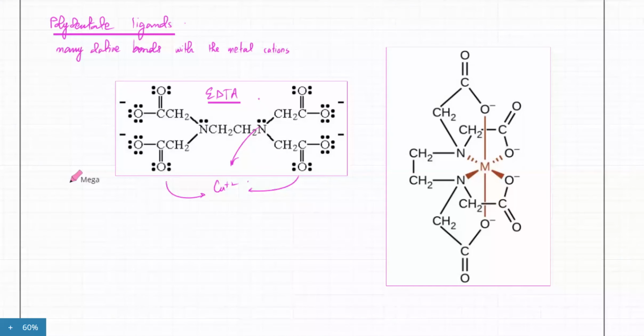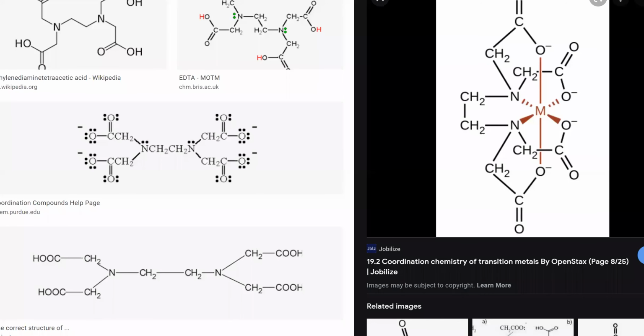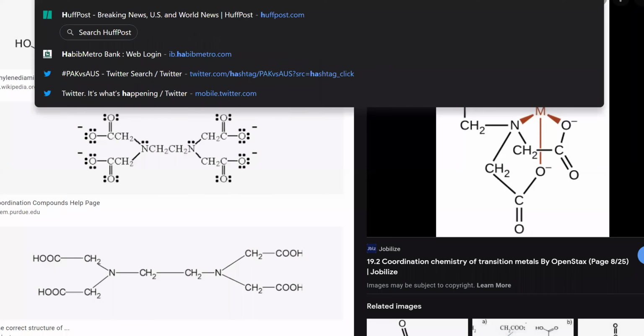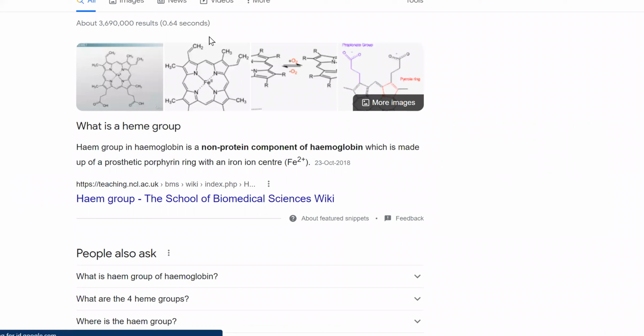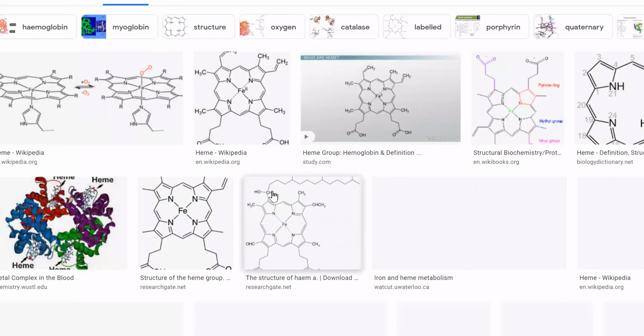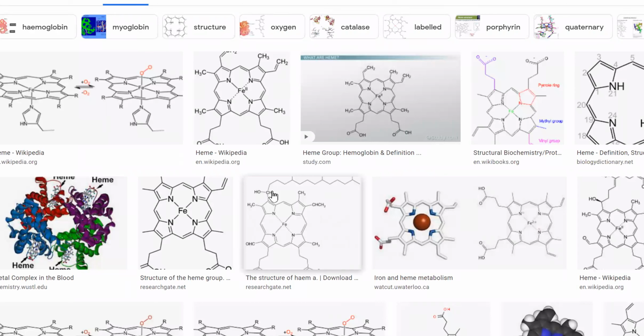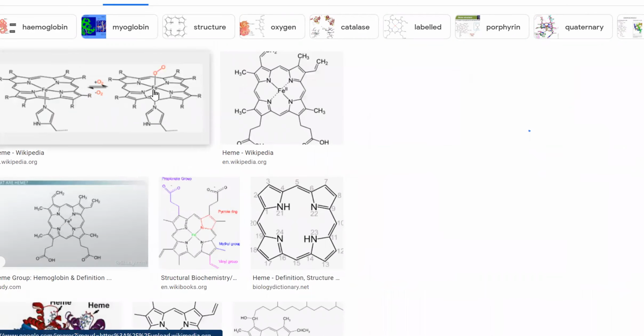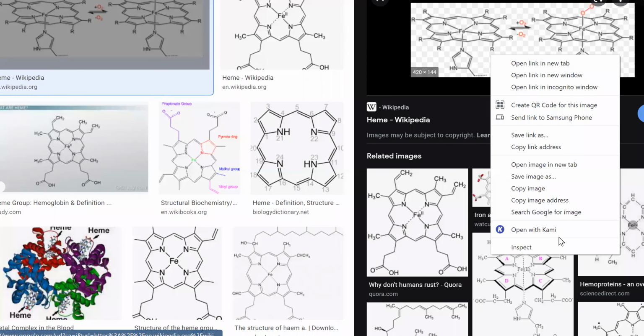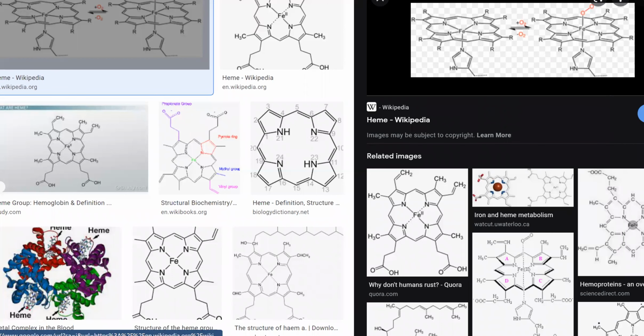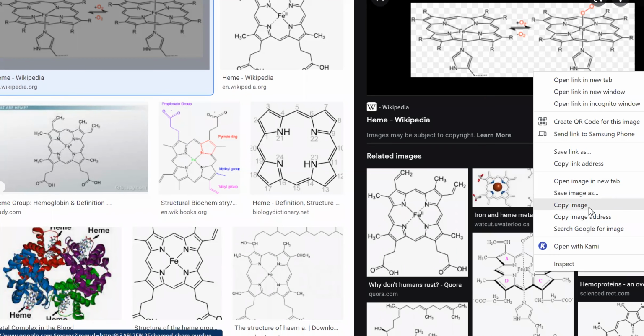So for example, let's talk about the heme group. It's very similar to this. If you can get a good three-dimensional image, you can see a biological molecule is a very complicated molecule. This one is an even better version.